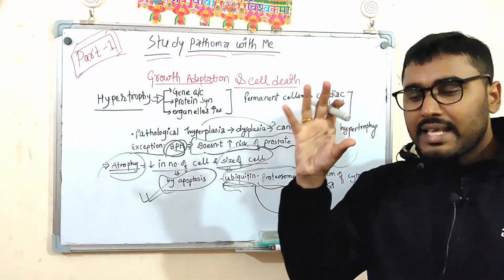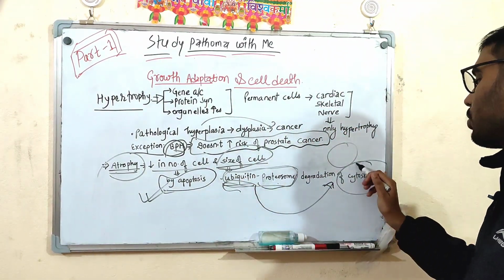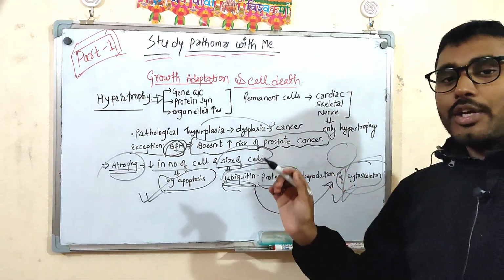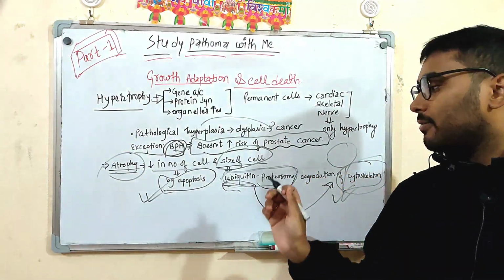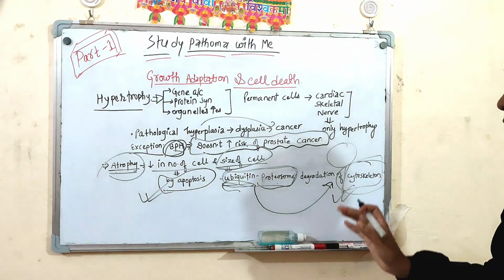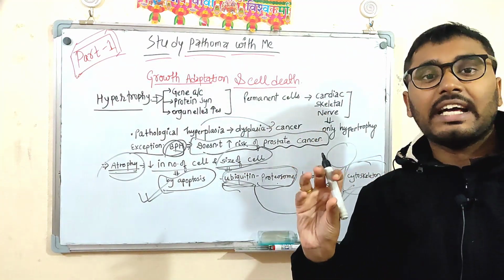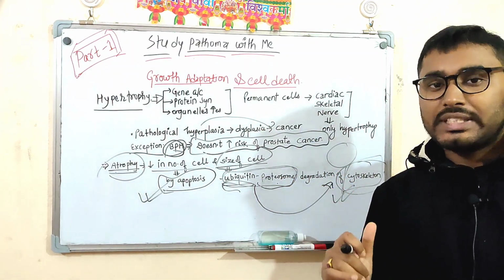The cell can hold its position due to the presence of the cytoskeleton. To destroy the cytoskeleton, there should be formation of the ubiquitin-proteasome complex, and due to this degradation of the cytoskeleton, there will be a decrease in size of the cell. Ultimately the cell death can also ensue.